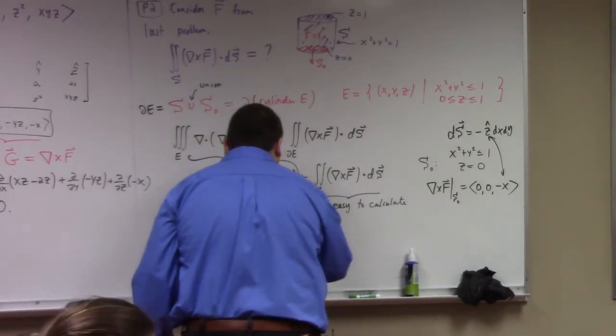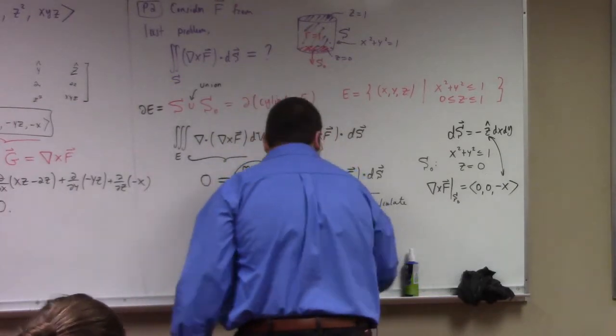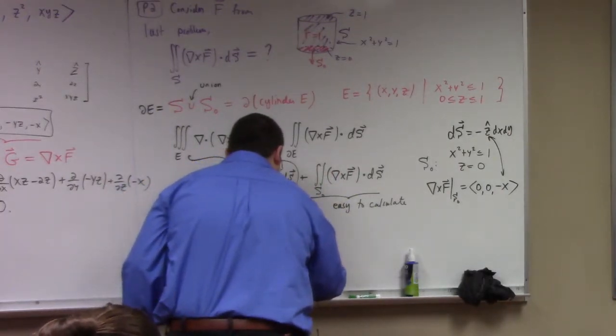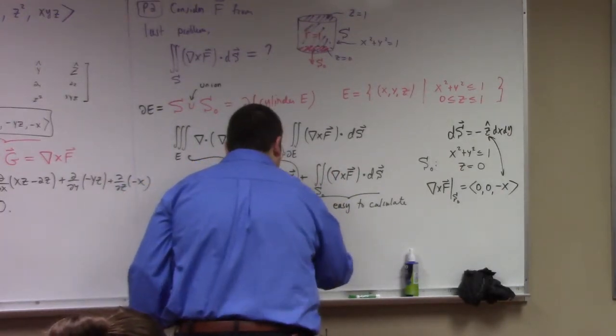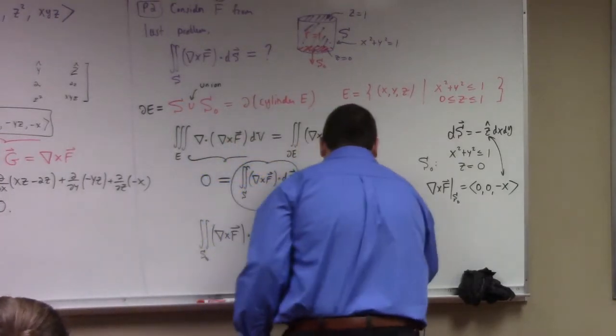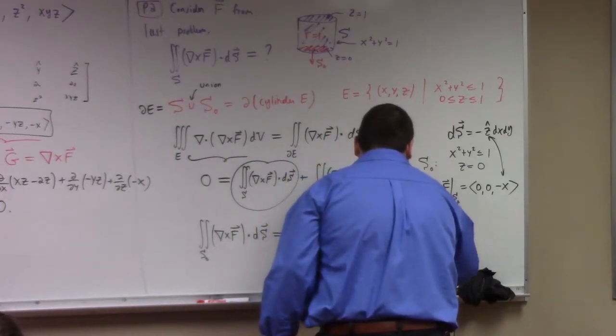Let's see here, S naught, and, let me rewrite that. That's really the integral over x squared plus y squared less than or equal to 1 of (0, 0, minus x) dotted with (0, 0, minus 1) dx dy.